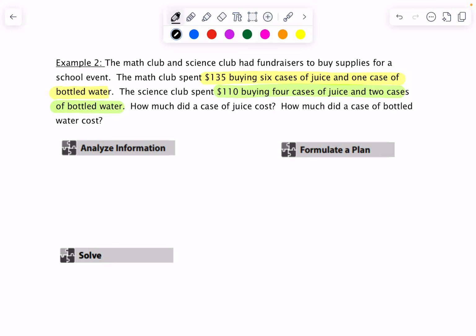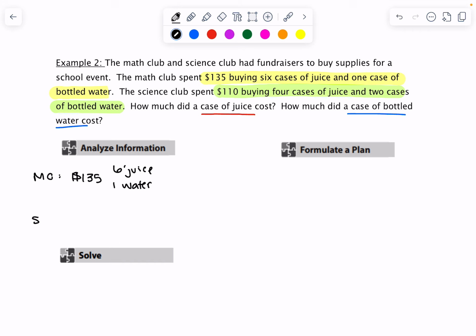So those are my 2 unknowns. How much is a case of juice and how much is a case of bottled water? Okay, so I'm gonna go ahead and summarize my information. So the Math Club spent $135 and they had 6 juice and 1 water.